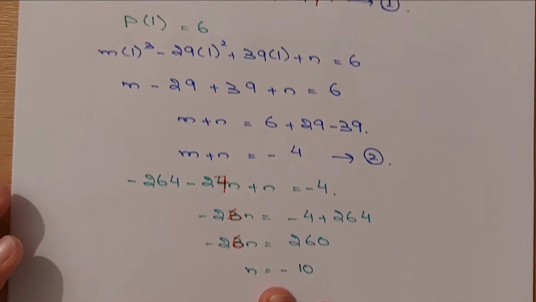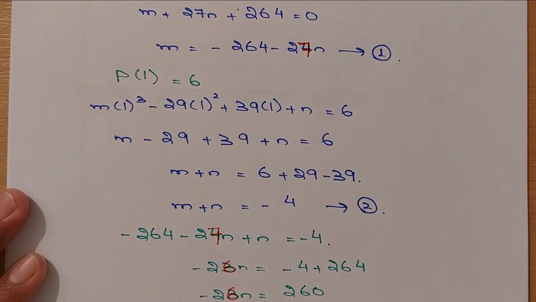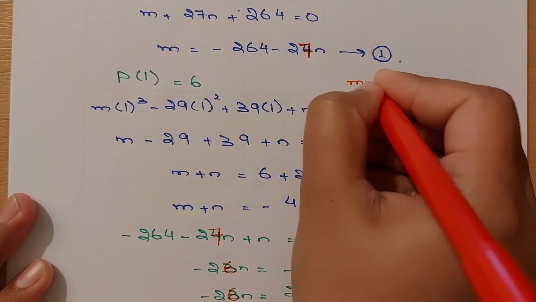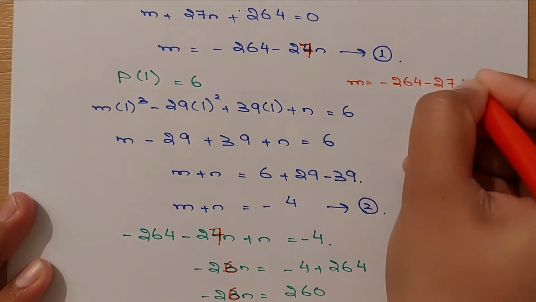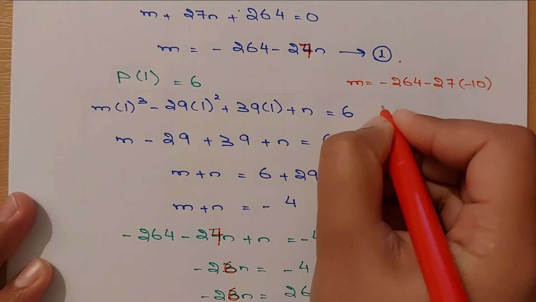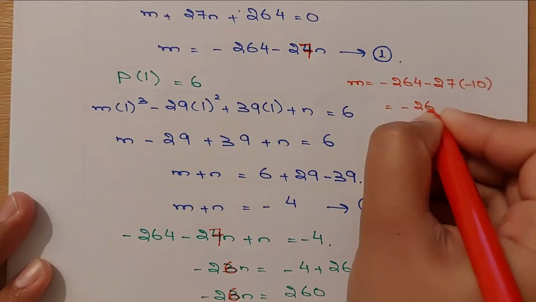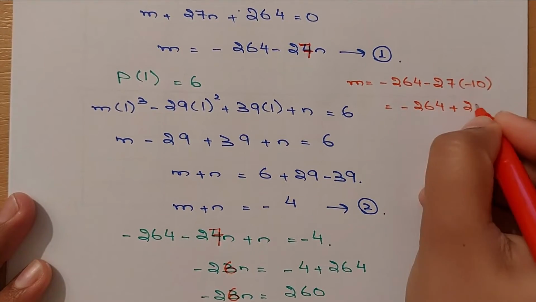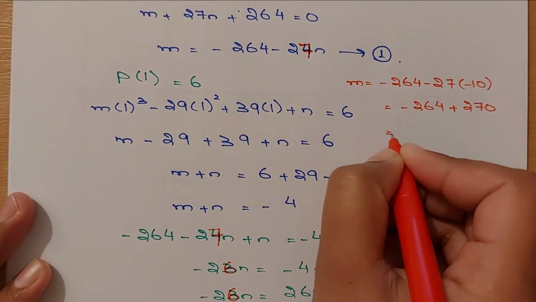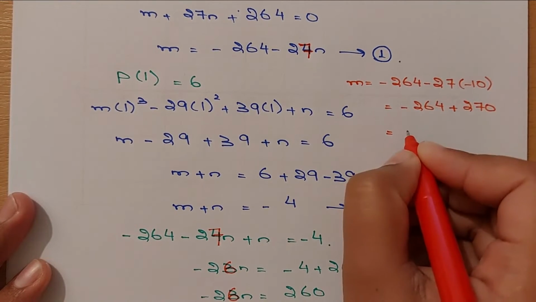Now substituting this n value over here, we will get the m value. So m is equal to minus 264 minus 27 times minus 10. This is minus 264, minus times minus is plus 270. From 270 take away 264, that is 6.